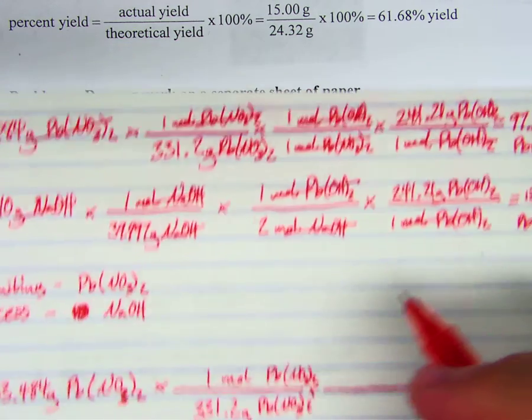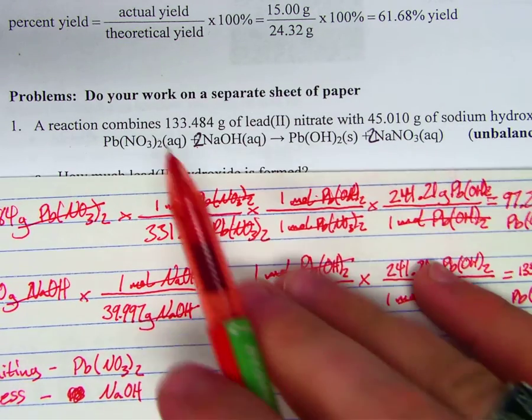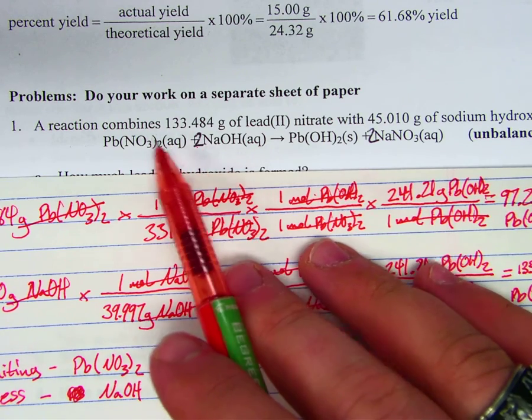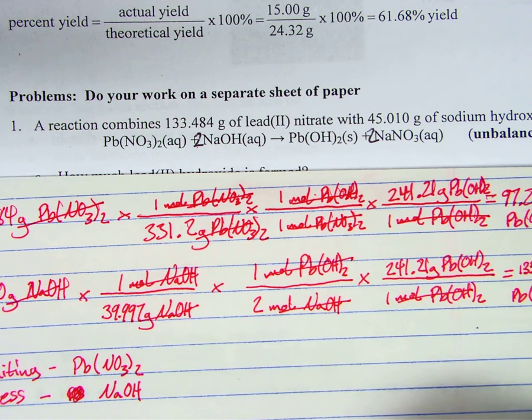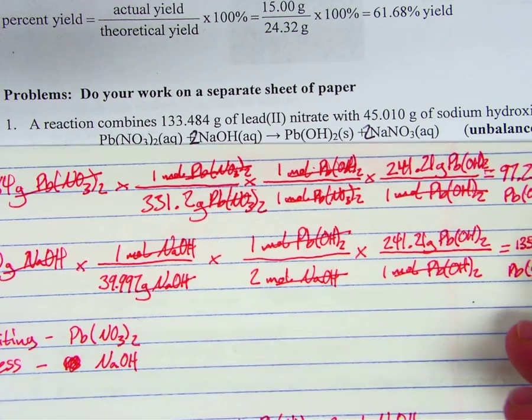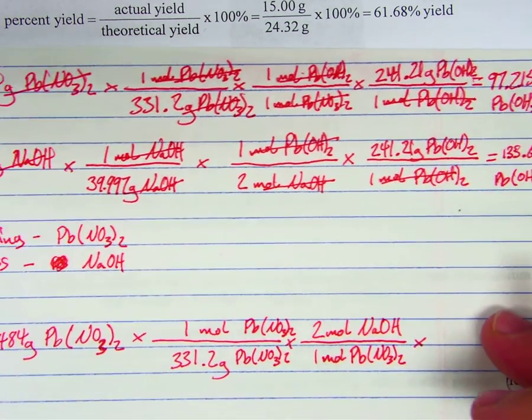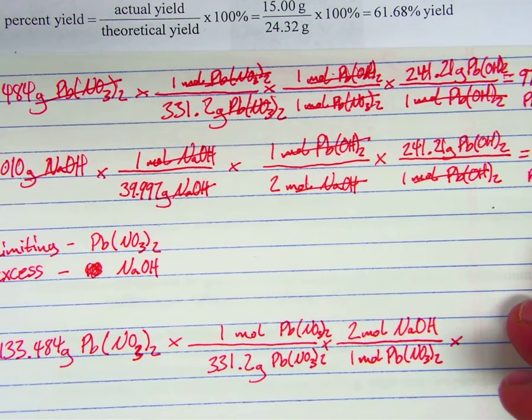What's our ratio of moles of NaOH to PbNO3? That's 2 to 1. So I've got 1 mole of PbNO3 and 2 moles of NaOH. That's where we're at right now.